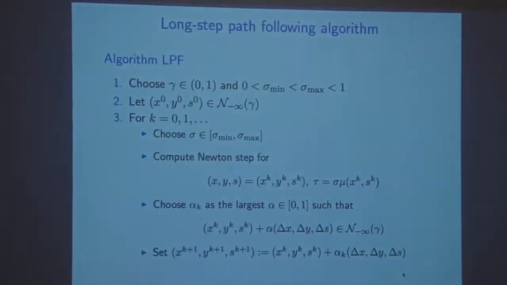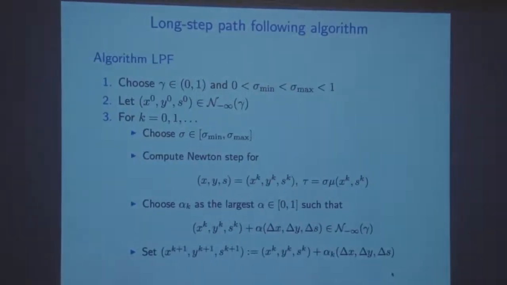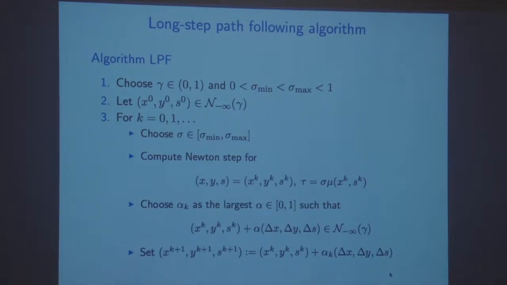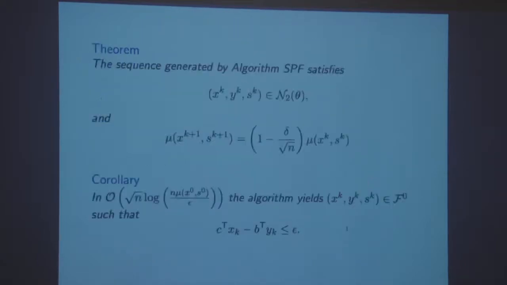Okay? And the idea is very similar. The long step algorithm, the idea is very similar, but we use a wider neighborhood. There is a small difference here, and that is that now we may need to do some line search to stay in the neighborhood. That is something that is theoretically very powerful about the short step.